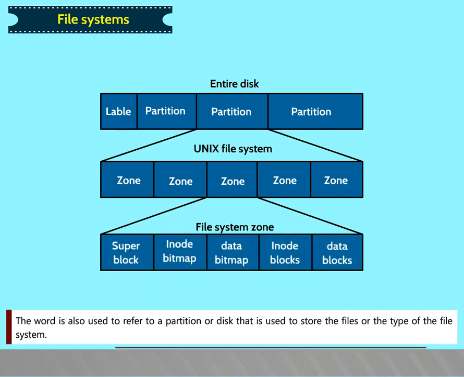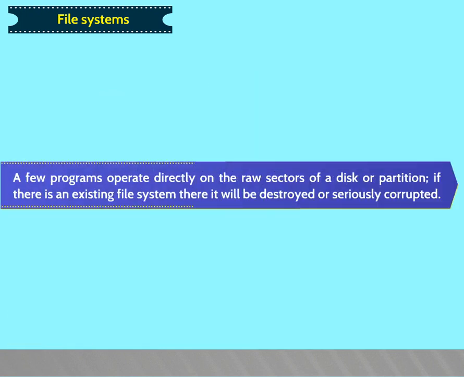The word is also used to refer to a partition or disk that is used to store the files or the type of the file system. A few programs operate directly on the raw sectors of a disk or partition. If there is an existing file system, it will be destroyed or seriously corrupted.